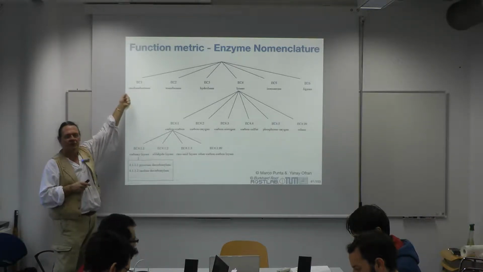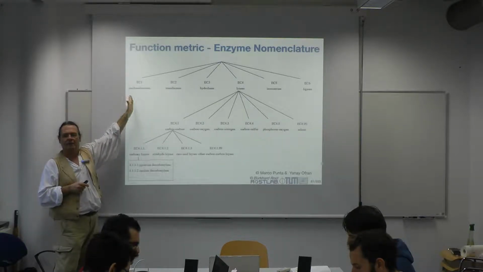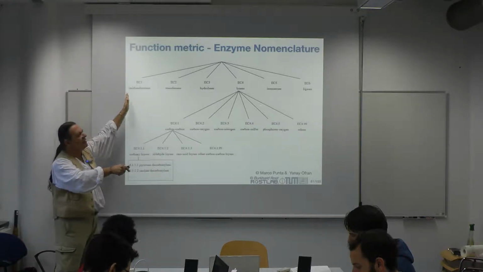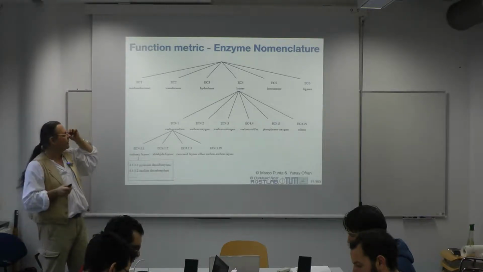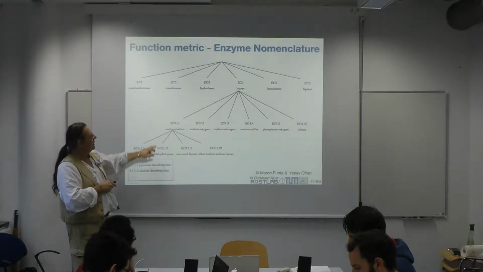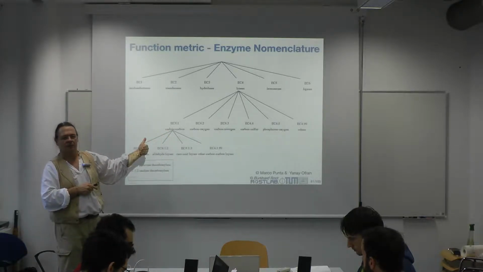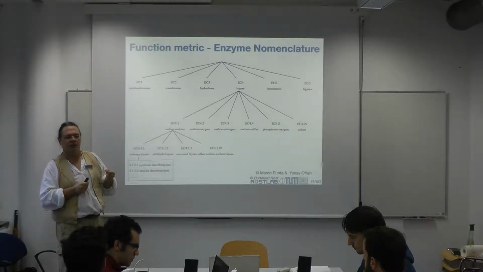So EC1 means the first digit in this particular is an oxidoreductase, then the first digit would be 1. If it were a ligase, then the first digit would be 6. Okay? Then we get further down, if we are talking about a lyase, the next issue is, what is the substrate? What is it bringing together?